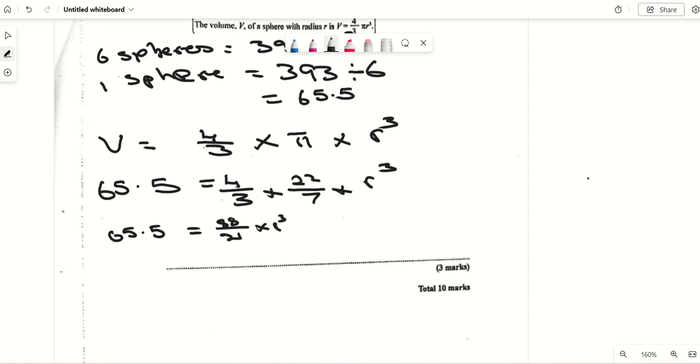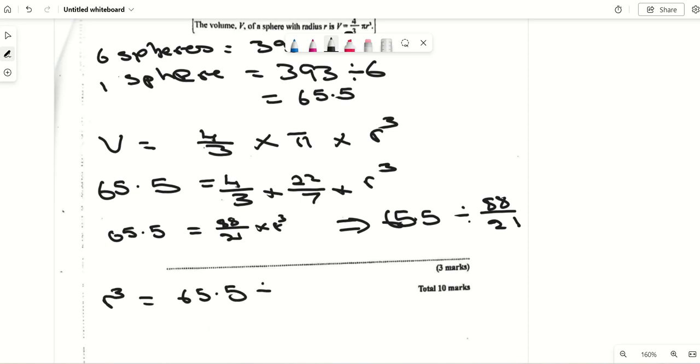We're going to make r the subject. So the first thing you carry across is the multiplication. So r cubed is 65.5 divided by 88/21, which is 65.5 multiplied by 21/88. We won't find the answer just yet, we want a flat answer.